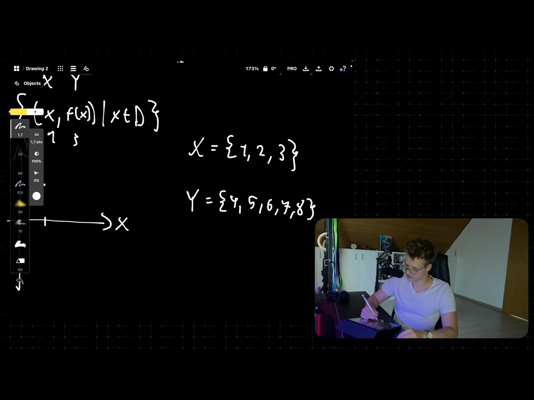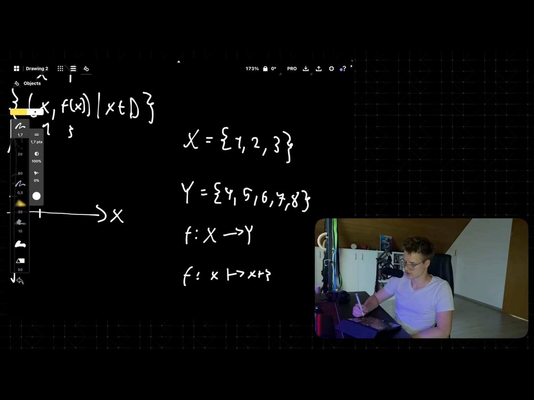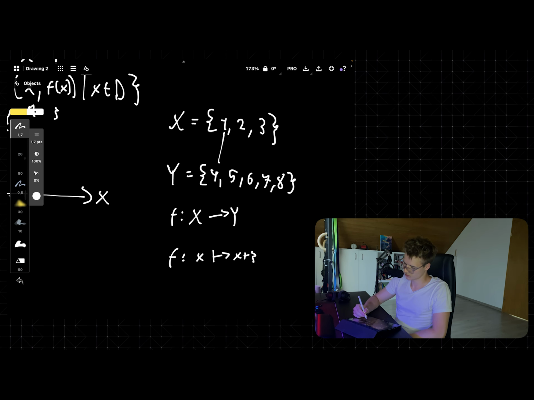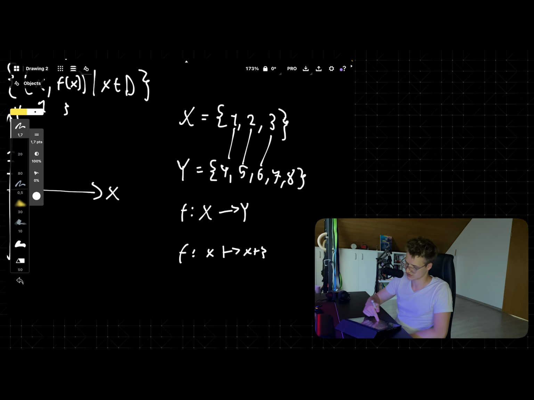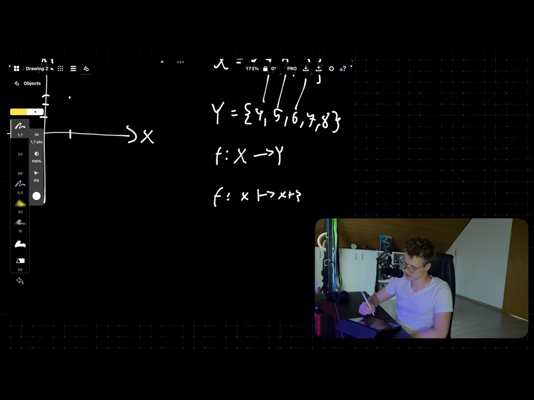And our mapping F maps from X to Y, and F takes X and maps it to X plus 3. So 1 becomes 4, 2 becomes 5, and 3 becomes 6. So our graph is 1 and 4, 2 and 5, and 3 and 6.